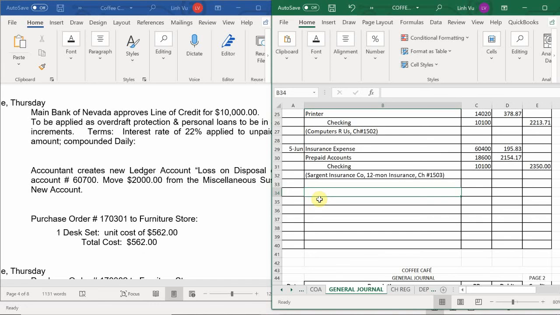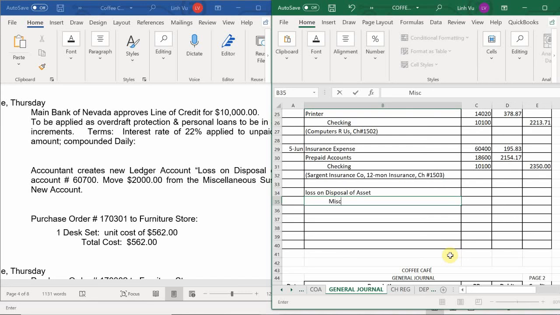Now, in this case, I don't need it in miscellaneous anymore. I need you to move that into another account. So you move it to loss on disposal of assets. Good. Correct. Loss on disposal of asset. And I'm going to credit my miscellaneous because I have a new account for it.